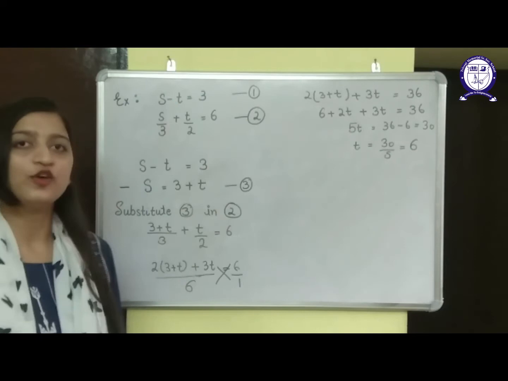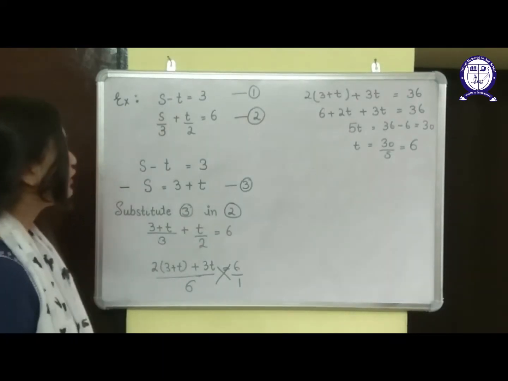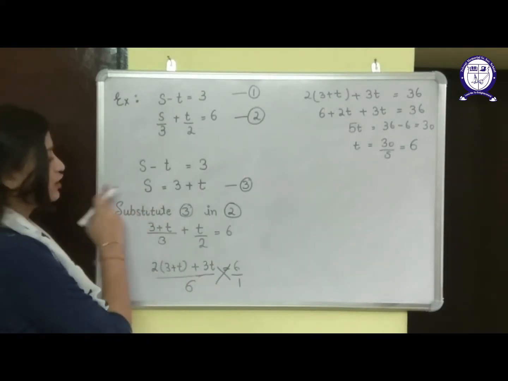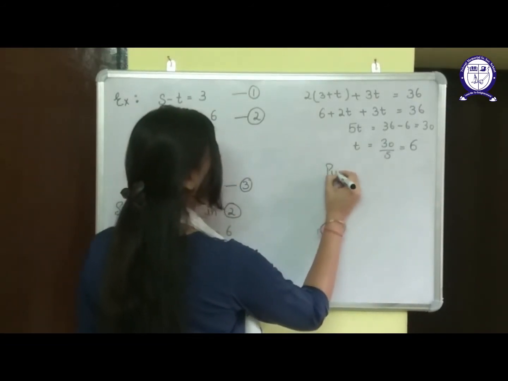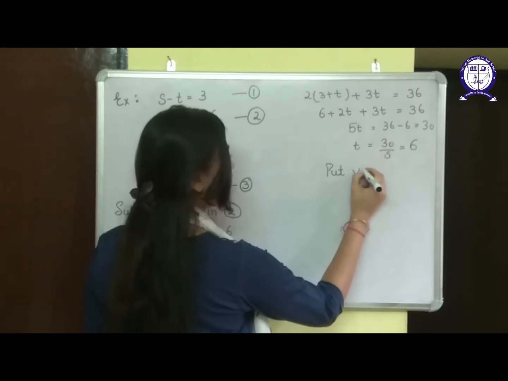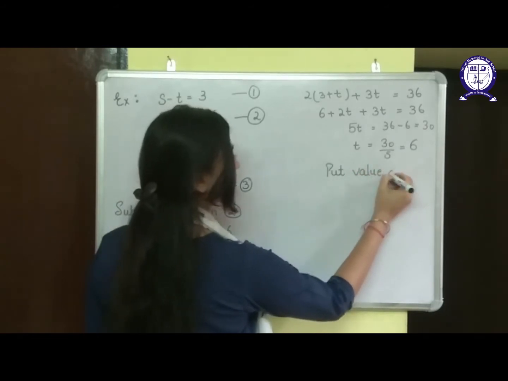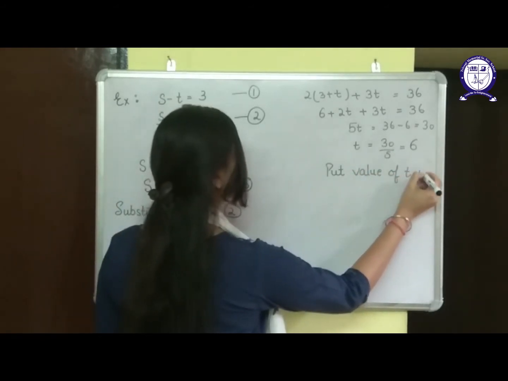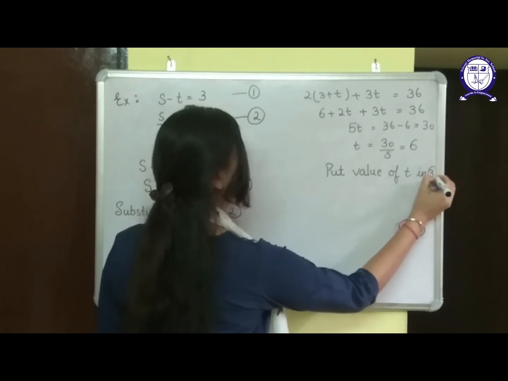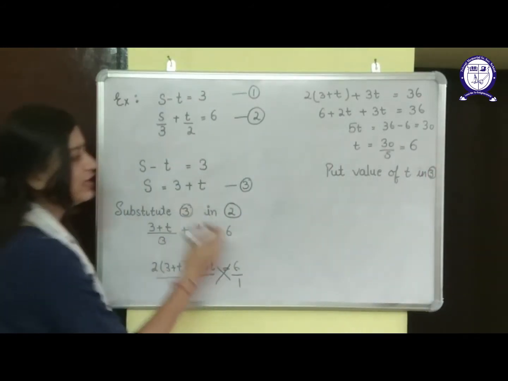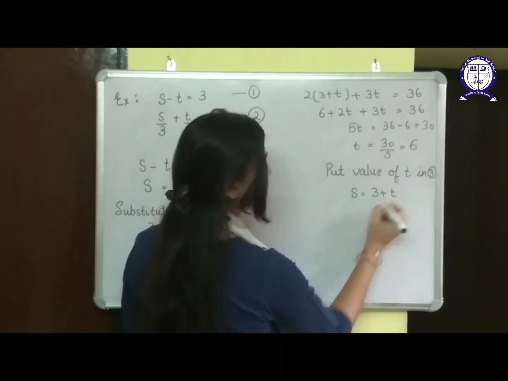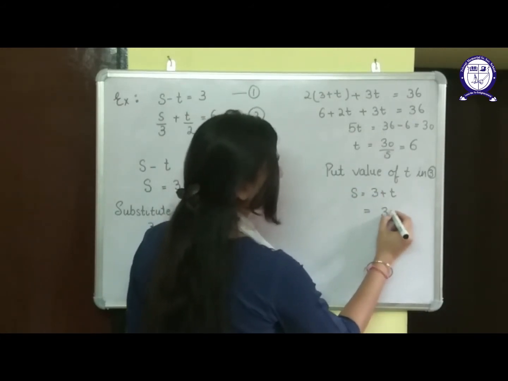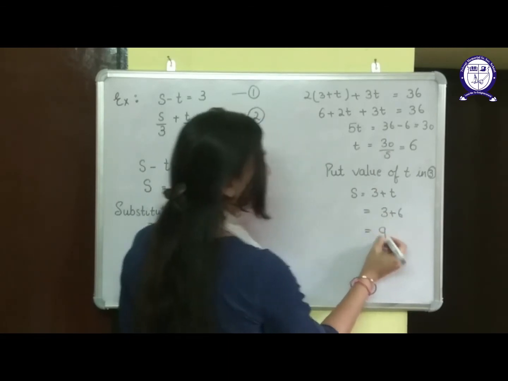I got the value of t. Now I need to find the value of s. So I will put the value of t in equation 3. Right? This is my equation 3. So my s will be 3 plus t, that is 3 plus 6, that is 9.